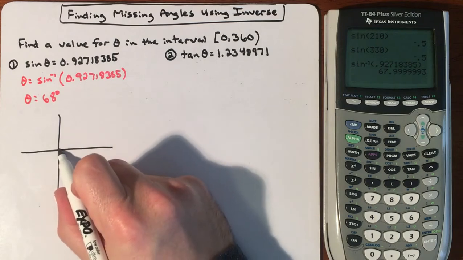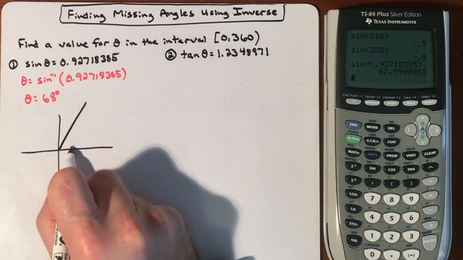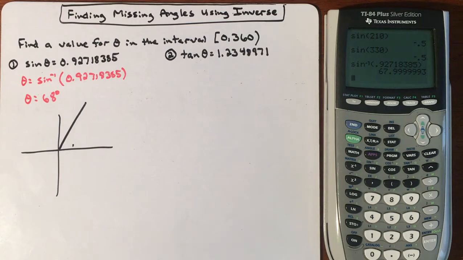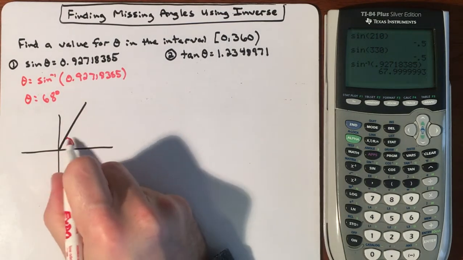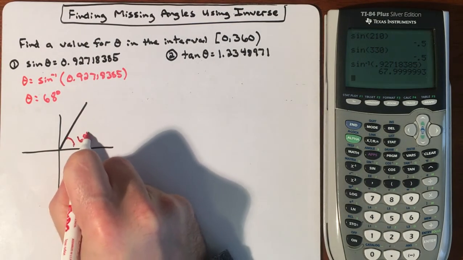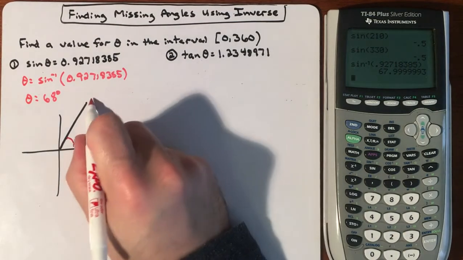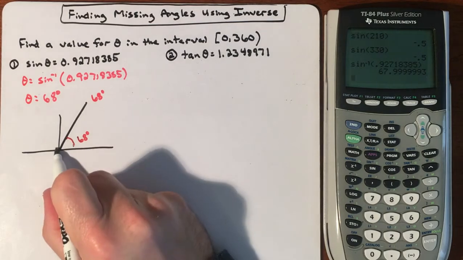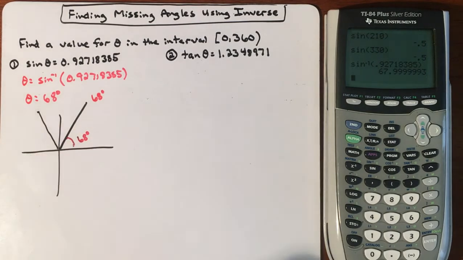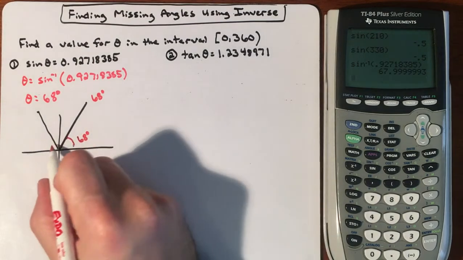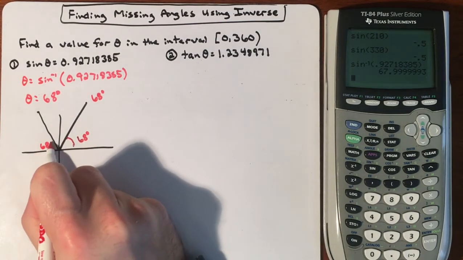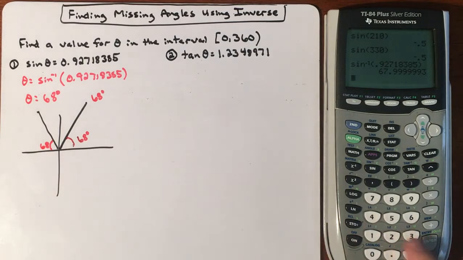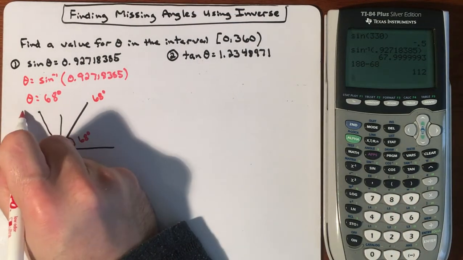So 68 degrees, let's say it's roughly this big. If this is 68 degrees, but that's the first quadrant, we need a reference angle in the second quadrant that also has that 68 degrees. So our other answer is going to be the exact same reference angle in the second quadrant because sine is positive in the first and the second. So this is going to be 68 degrees. So we'll take 180 minus 68, and that'll get us 112.